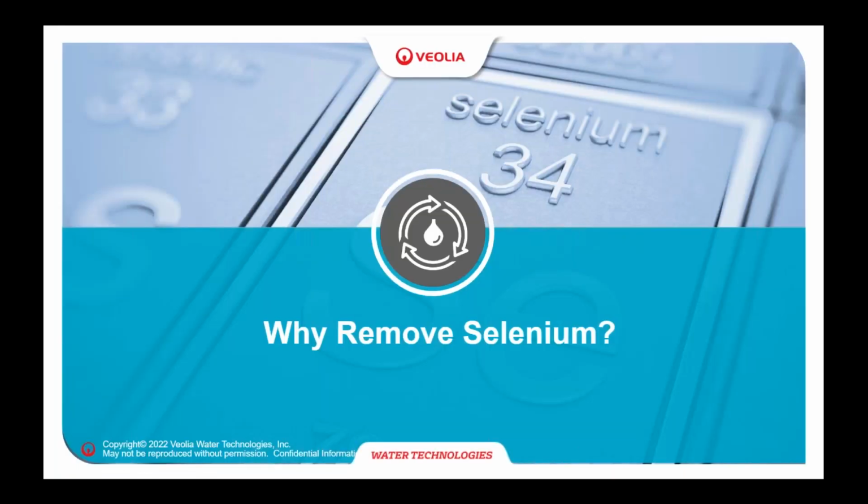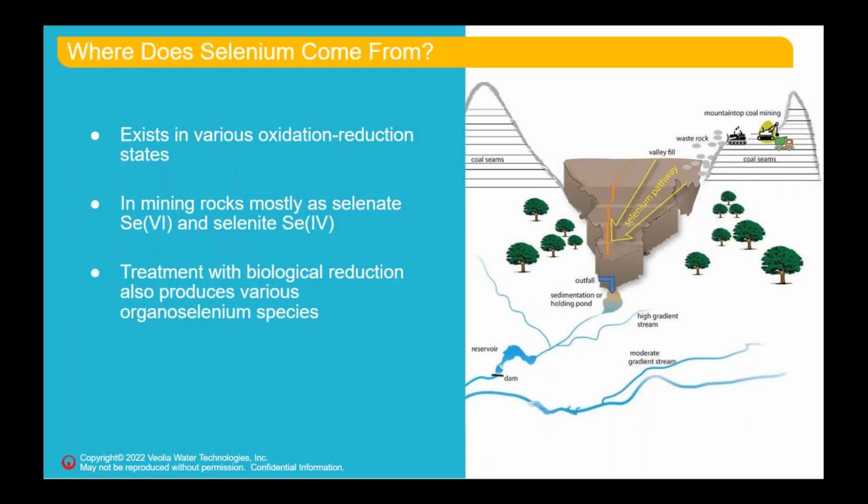But the first question is, why bother removing selenium? And actually, it's a very good question. Selenium, as you are probably aware if you are listening to this seminar, exists in a variety of oxidation states. In mining, and actually in nature, it mostly exists as selenate, which is selenium +6, and selenite, which is selenium +4.